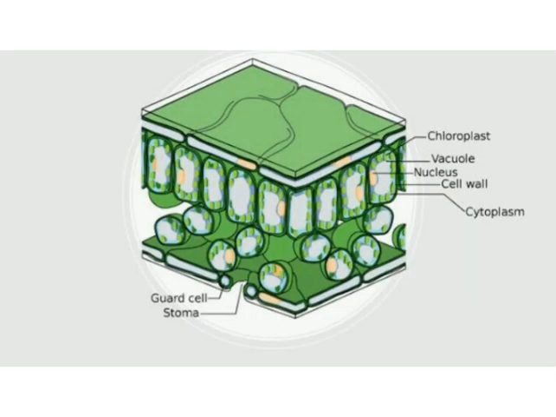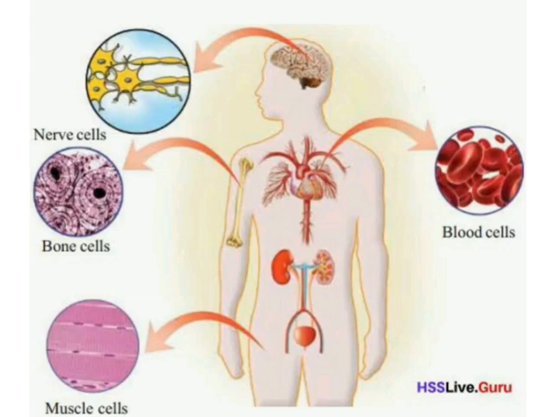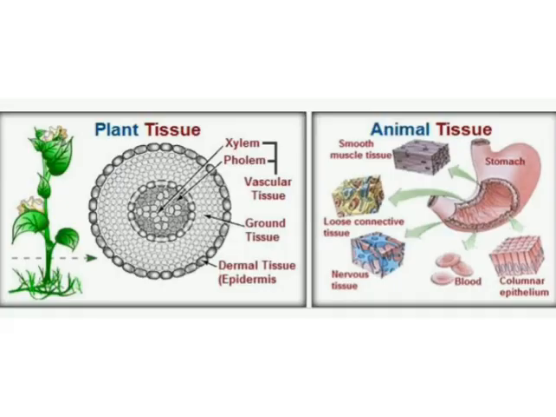All these cells that are similar in structure and work together to achieve a particular function form a tissue. Are plants and animals made of the same type of tissues?